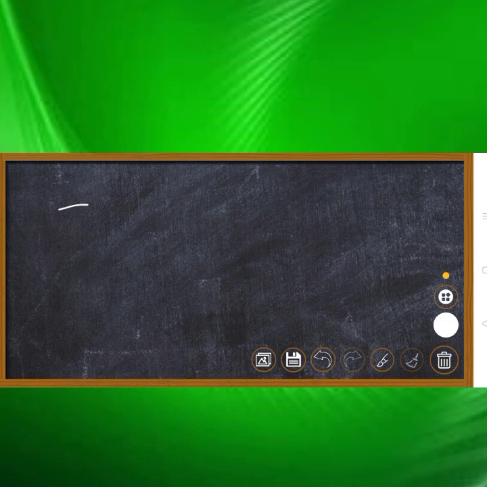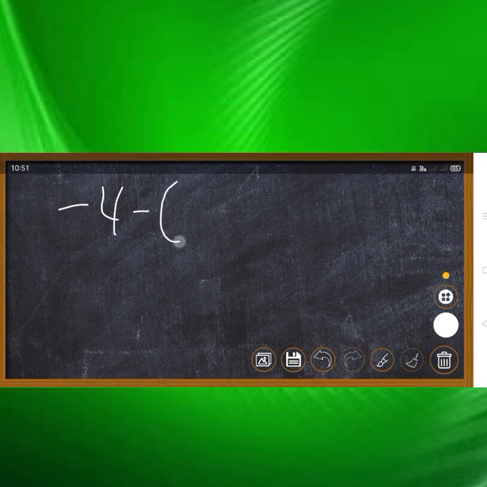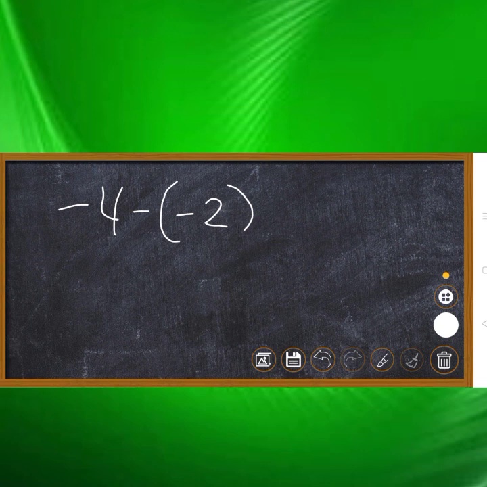Negative 4 minus negative 2 equals. Okay, so again, keep the minuend, negative 4. Change the sign into plus. And change the subtrahend, negative 2, into positive 2. And then proceed to addition. As you see, they are different signs.